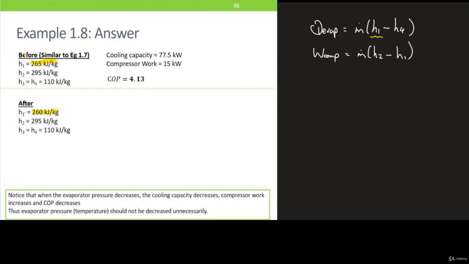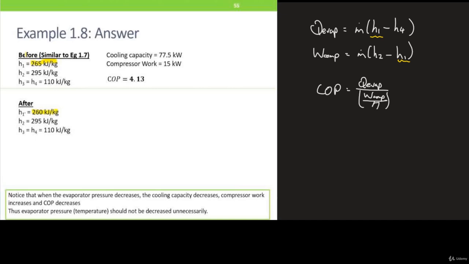Again, H1 is being affected, so it will affect your W com as well. So it will affect your numerator and your denominator, because COP is equal to Q evap over work done by compressor divided by efficiency. So it will affect both values compared to just now where it only affected the Q evap value.